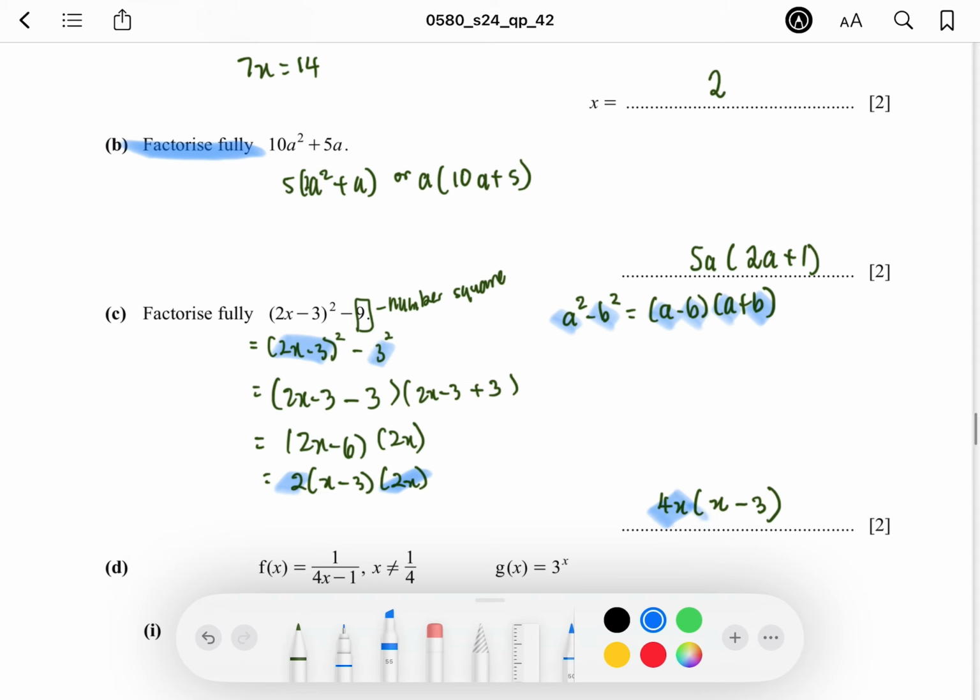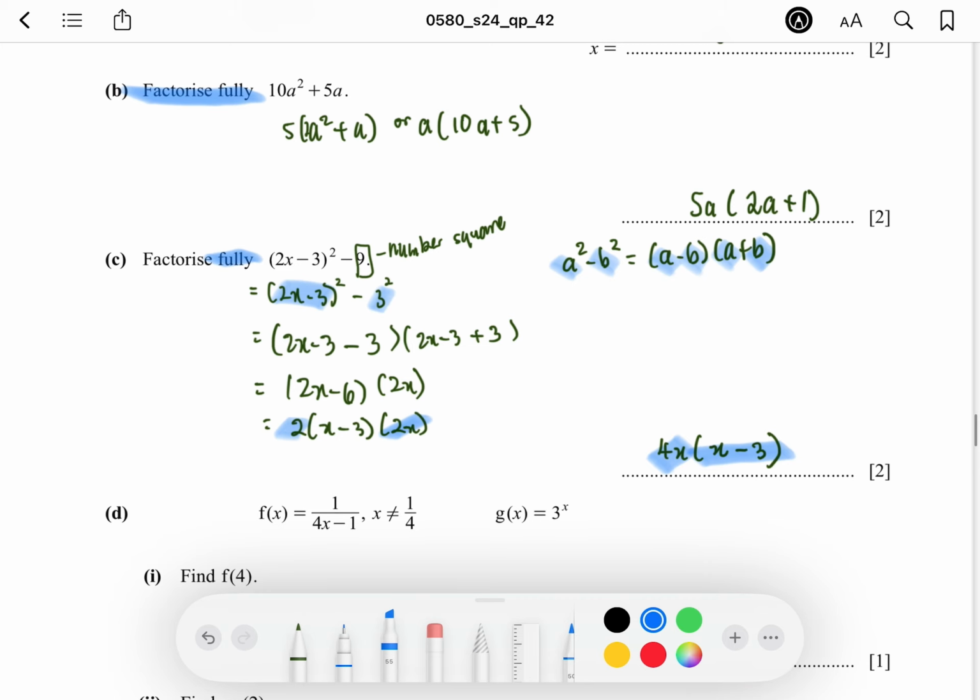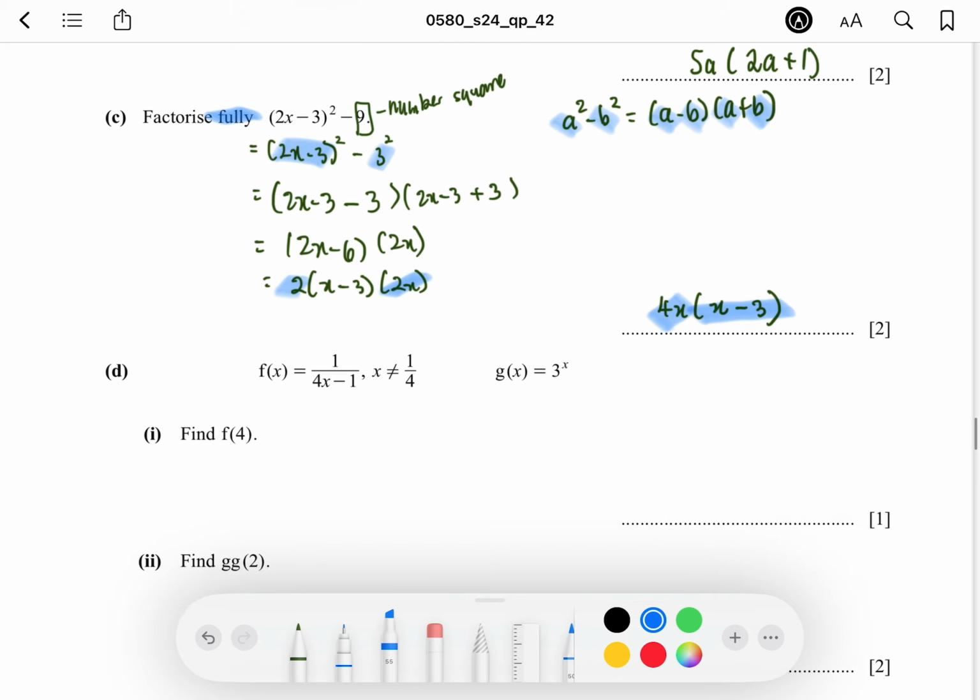And then x minus 3. Then you have factorized fully. Then you get 2 marks. So here a few concepts are being used: the difference of 2 squares, and then you must make sure to factorize fully the terms that have been entered.